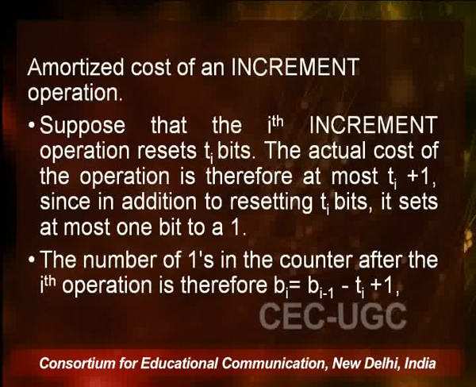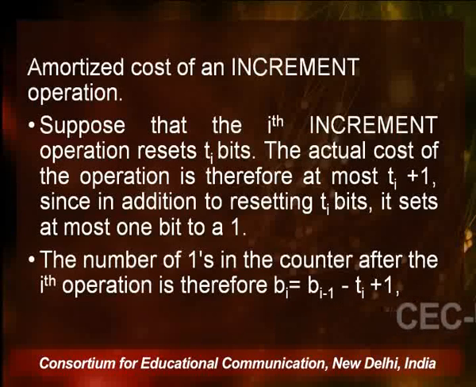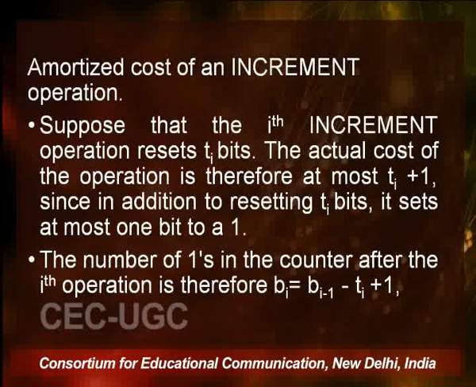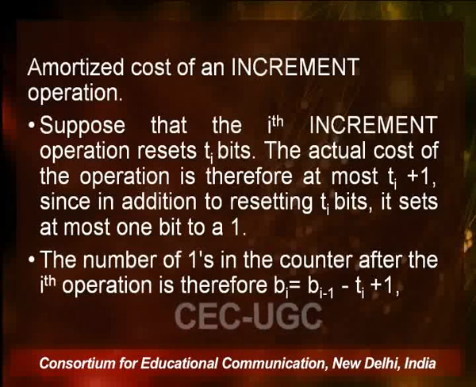Now, how is this Ti plus 1 affecting the number of ones in the counter after the ith operation?